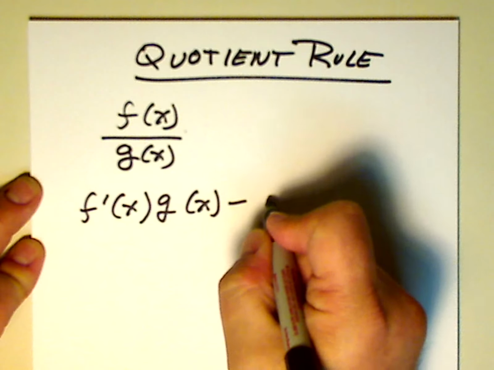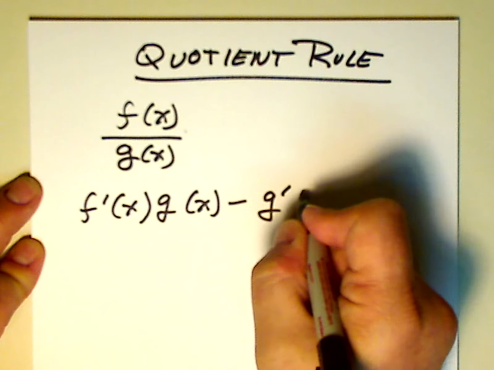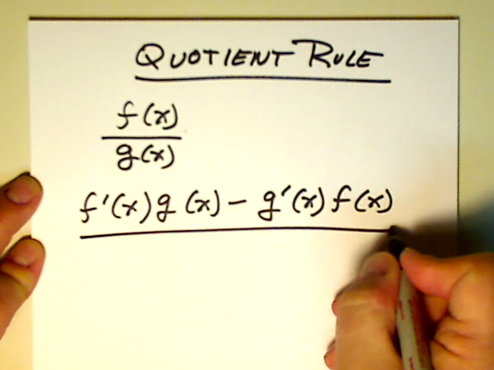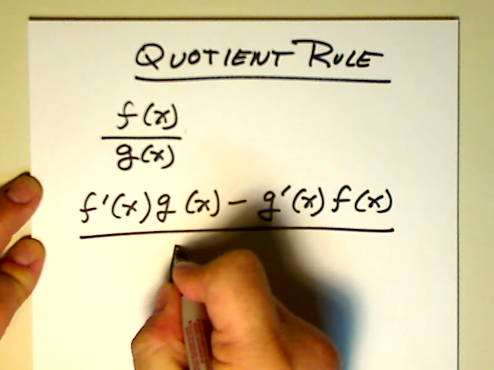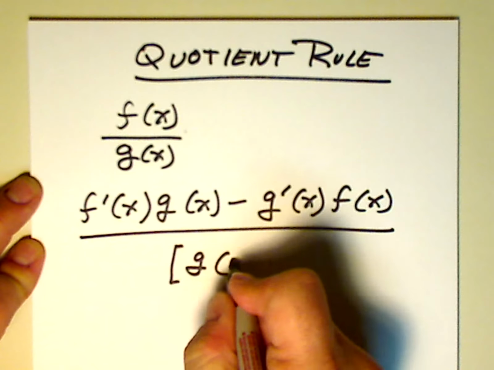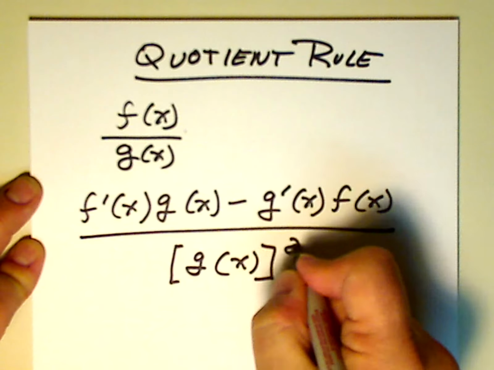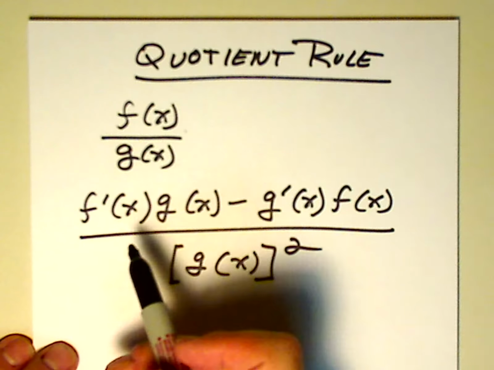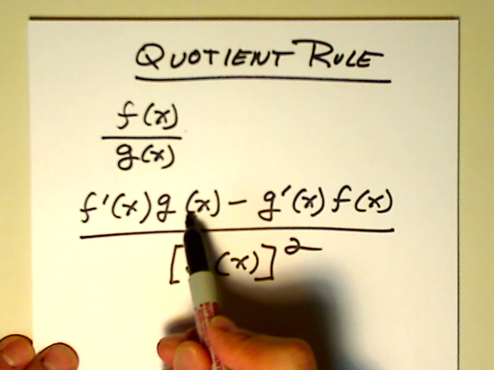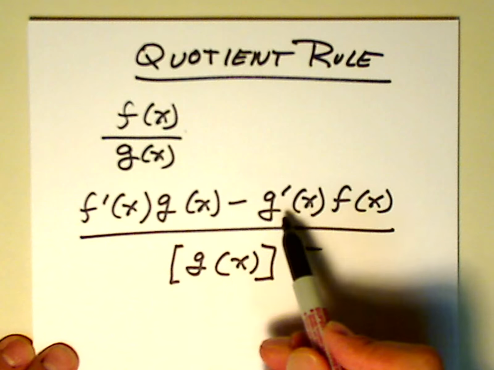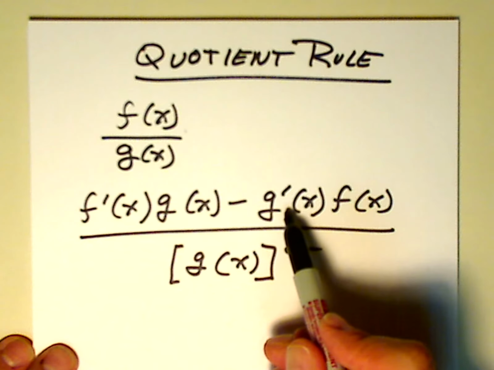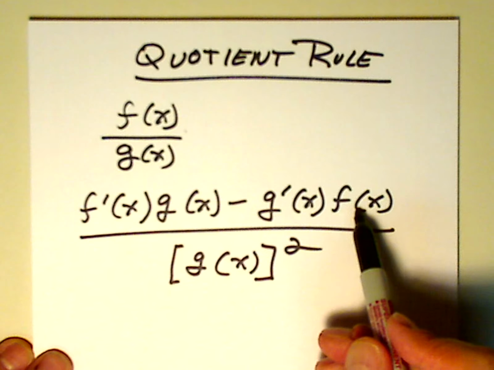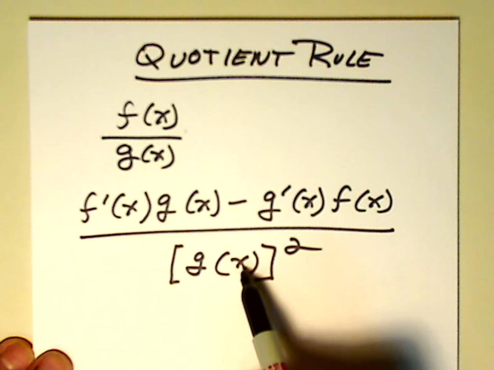And then we're going to subtract off the derivative of the denominator times the numerator, and we're going to divide this whole thing by the denominator squared. So there's the quotient rule.